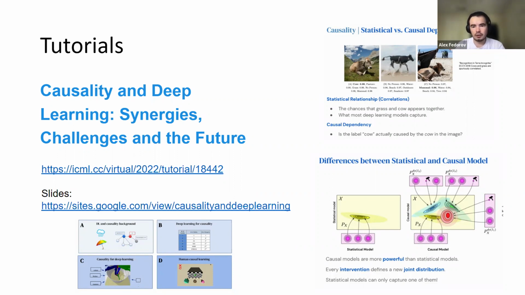For example, if you have a cow and different backgrounds, some cases will be very abnormal. We usually think of a cow on the grass, but a cow can be on the beach, and we want the model to understand the scene. For example, if you want to recognize objects in the scene, and you can use intervention, maybe we can improve our models.